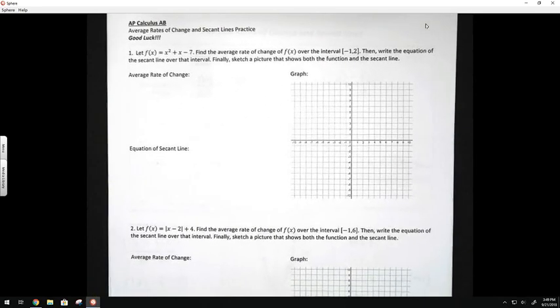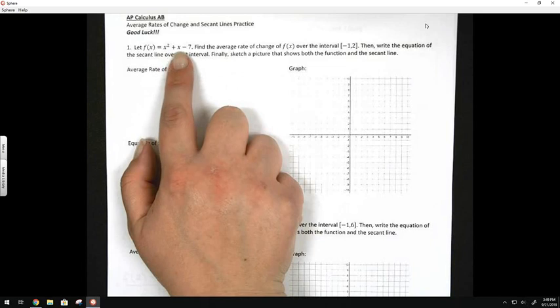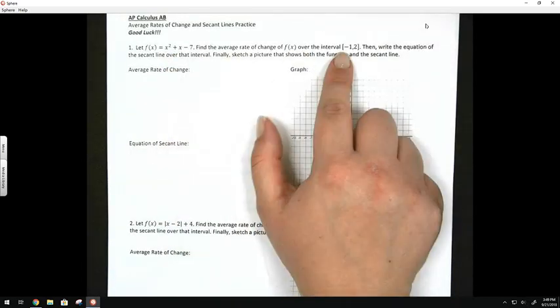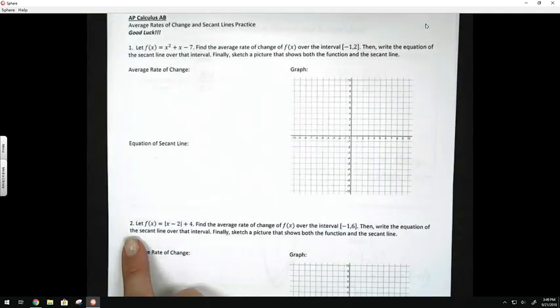All right, so if you guys take a look right now, question 1, I'm changing it to the function x squared plus x minus 7, and it's over the interval -1 to 2. And then for question 2, I'm changing it to the absolute value of x minus 2 plus 4.